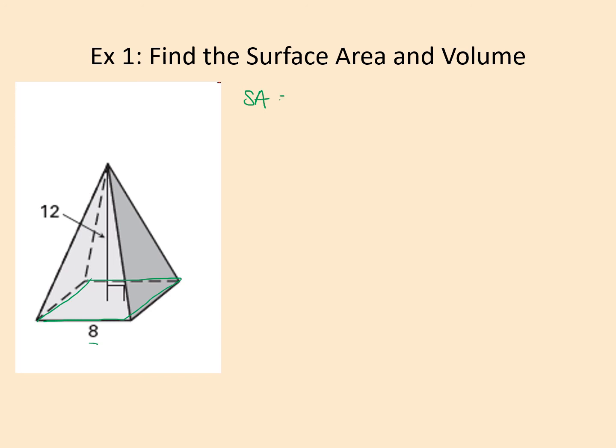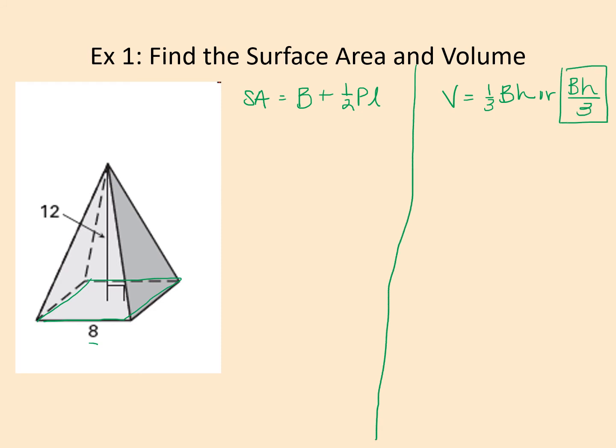We have the surface area formula, which is B plus 1/2 P and then the L. And then we have volume, which is 1/3 B times H, or like I said, I'm going to use B times H over 3. So we're going to focus more on that one. I'm going to divide this kind of in two, so that way we can work with one at a time.